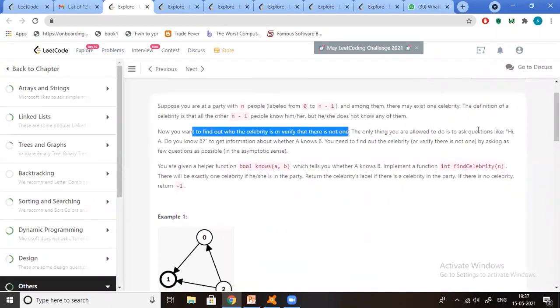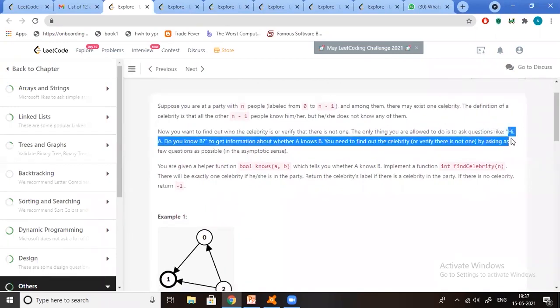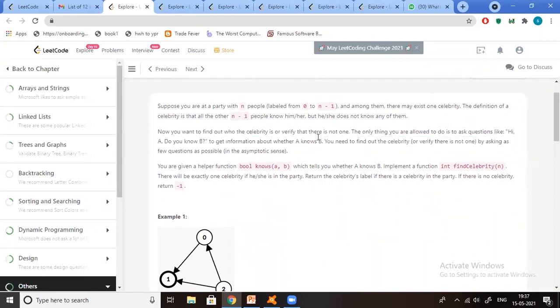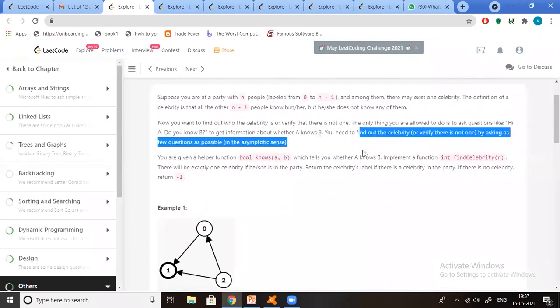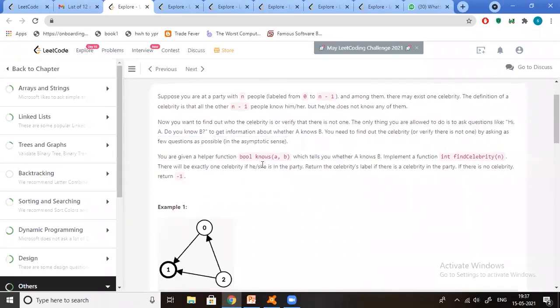The celebrity is going to be found by each and every person asking, hey, do you know B? Like A is going to ask, do you know B? Or B is going to ask, do you know A? And so on, whether A knows B. The verification can be done by asking this question.